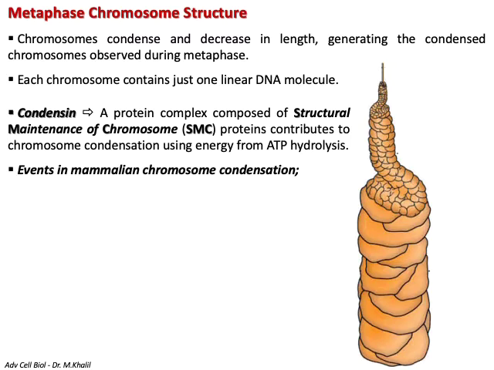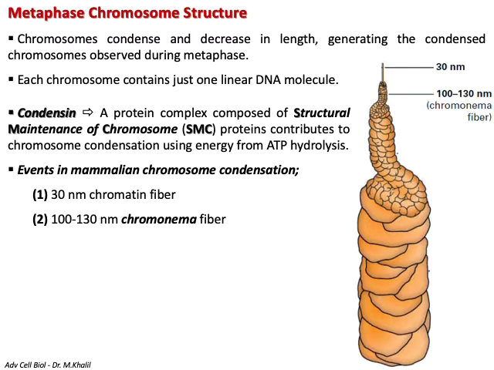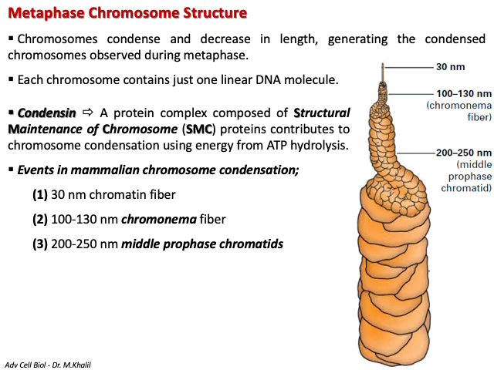So what are the events in mammalian chromosome condensation? The first level is the 30 nanometer chromatin fiber. The second level, around 100 to 130 nanometers, is called the chromonema fiber. The third level is called the middle prophase chromatids. You notice that the thickness or diameter of the fiber is increasing because of the process of condensation.